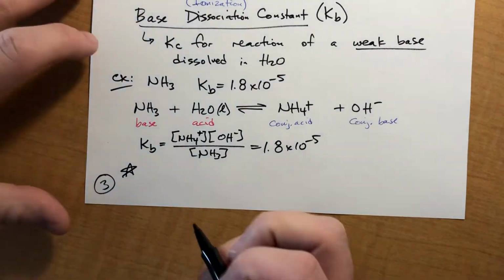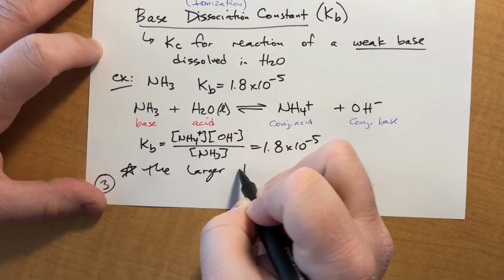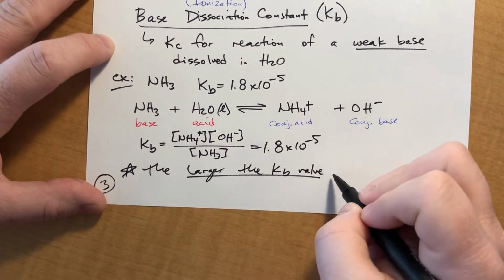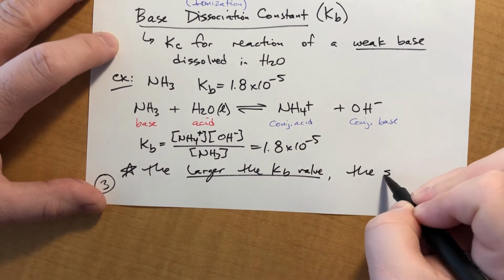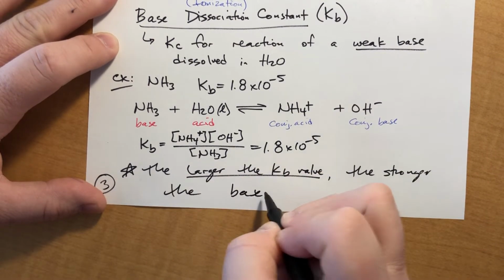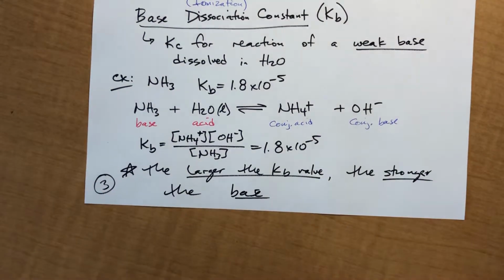Same thing down here. The larger the Kb value, the stronger the base. Sorry, my handwriting gets sloppy, these markers are kind of sloppy. Okay.